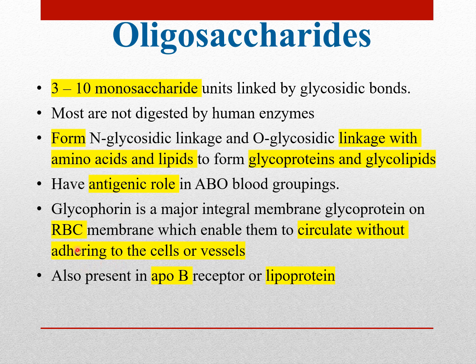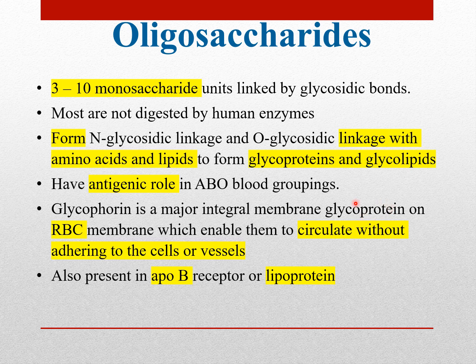You also have the possibility of the blood to circulate without getting attached or getting damaged in the vessels, or the lumen of the blood vessels. So they are actually coated with glycophorins, which have protein.